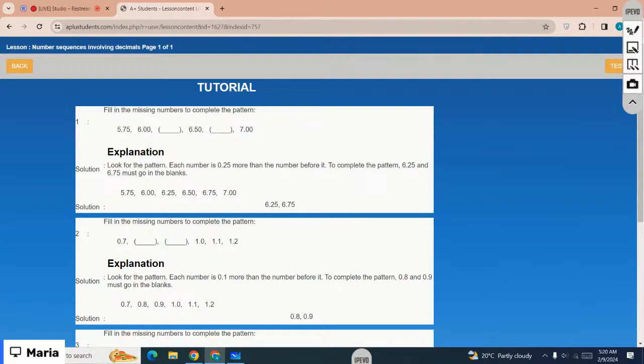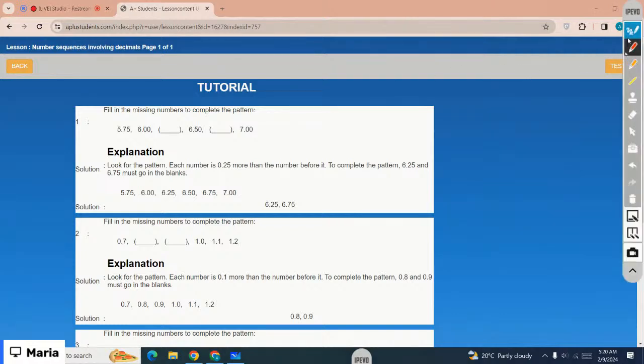You can see here 5.75, 6, missing one, then 6.50, then missing one, then 7. Basically, you have to see how the pattern is growing. The next number is how much greater than the previous one, right?